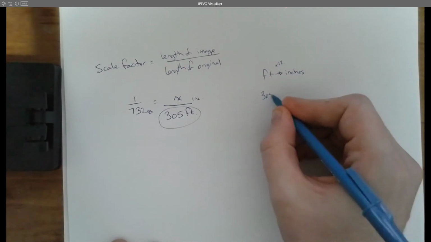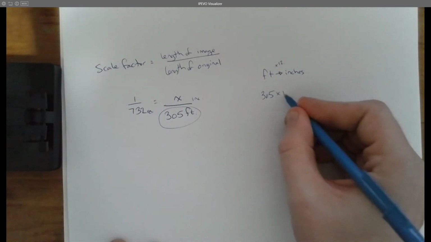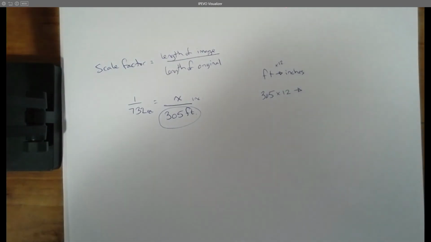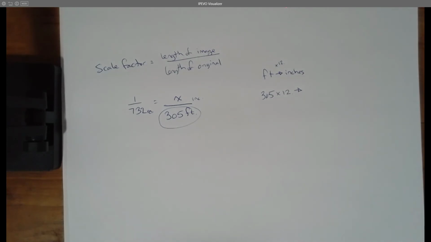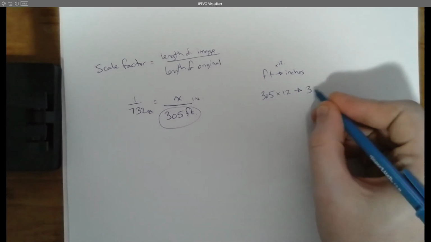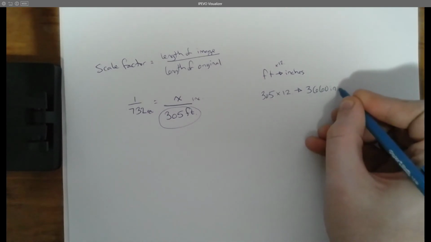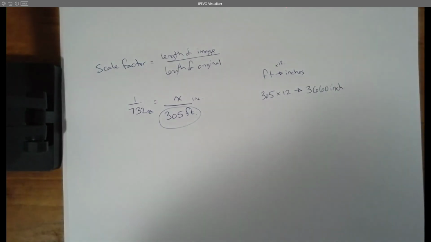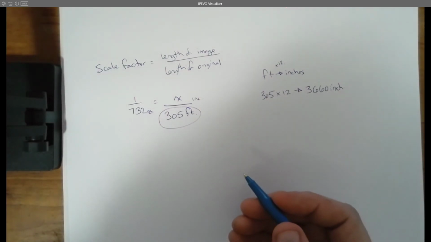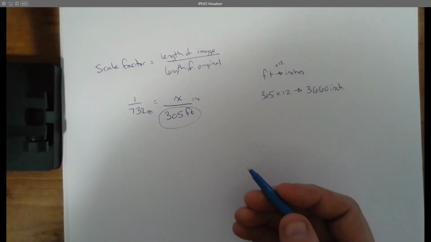So when we have 305 feet, we times that by 12. That'll give us the total amount of inches that makes up 305 feet. If you plug 305 times 12 into your calculator, you'll figure out that that's 3,660 inches. Now that we have that piece of information, we can start working to solve for x.